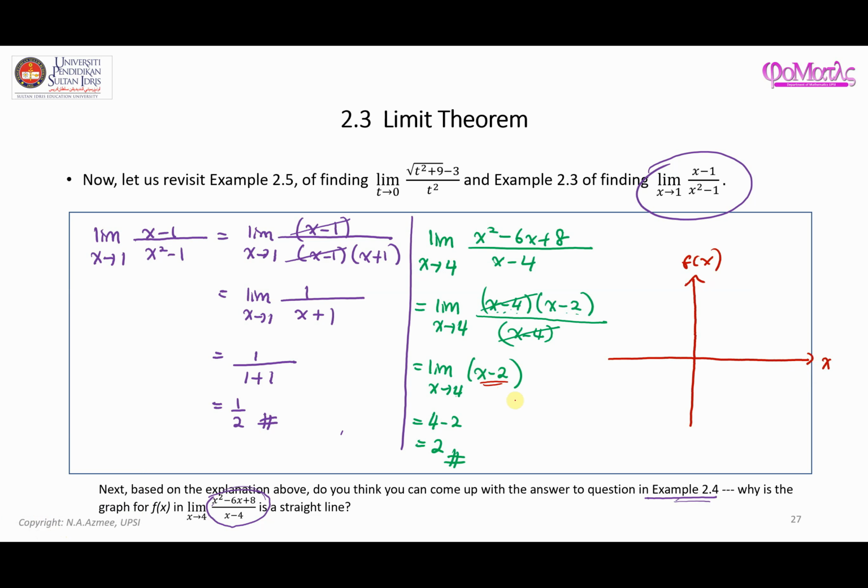So here we have f(x) equals x minus 2, where we know the intercept is at negative 2, and when the value of y is 0, x is going to be equal to 2. So we have a straight line graph that passes through this point here, and remember that when x approaches 4, this is the value of interest.